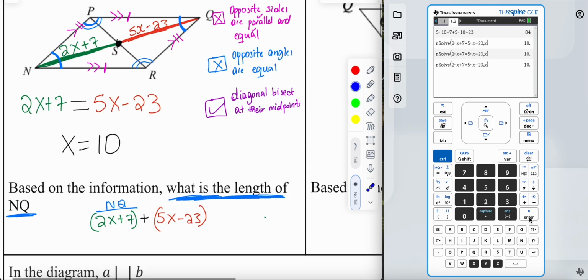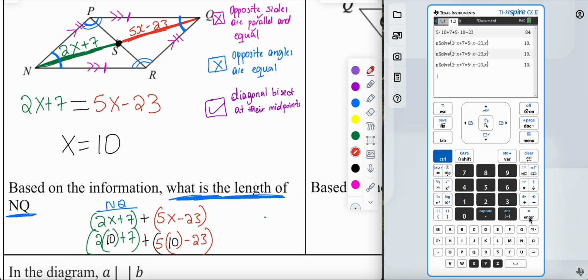We rewrite this: 2, open parentheses, 10, close parentheses, plus 7, close that. Then plus 5, open parentheses, 10, close parentheses, minus 23, close parentheses.